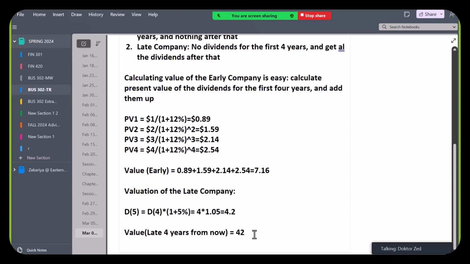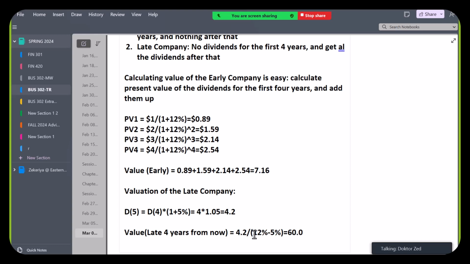It's going to pay 4.2 in dividends. Divide that by R minus G, which is 12% minus 5%. So 4 years from now, assuming markets are efficient, this stock should be trading at $60, or the value of the stock 4 years from now is going to be $60.